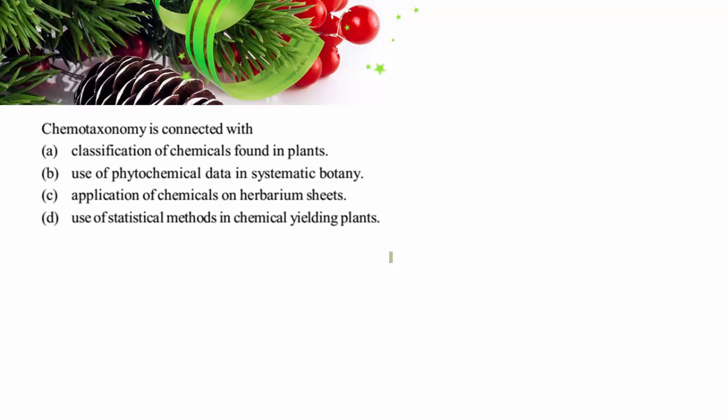Chemotaxonomy is connected with: classification of chemicals found in plants, use of phytochemical data in systematic botany, application of chemicals on herbarium sheets, and use of statistical methods in chemical yielding plants.